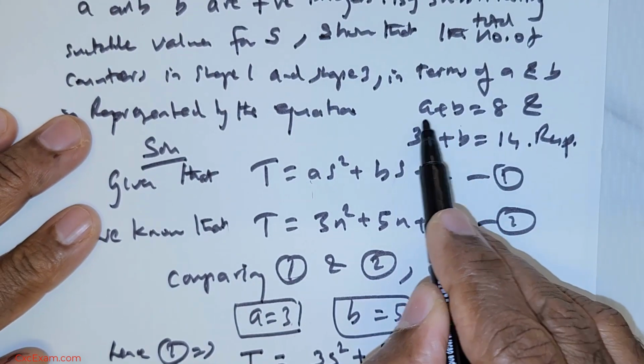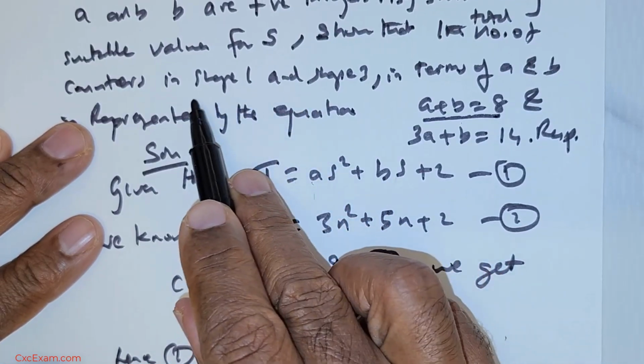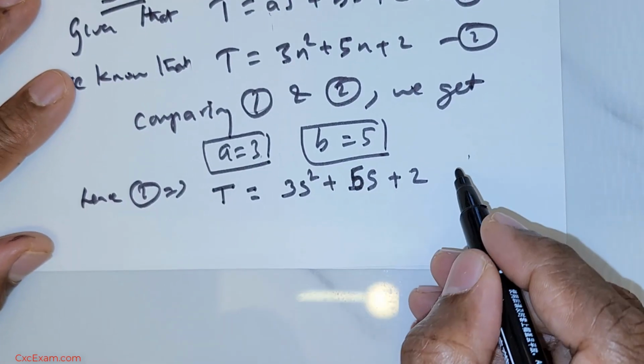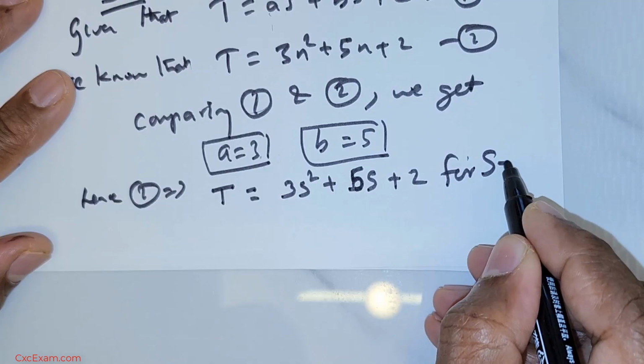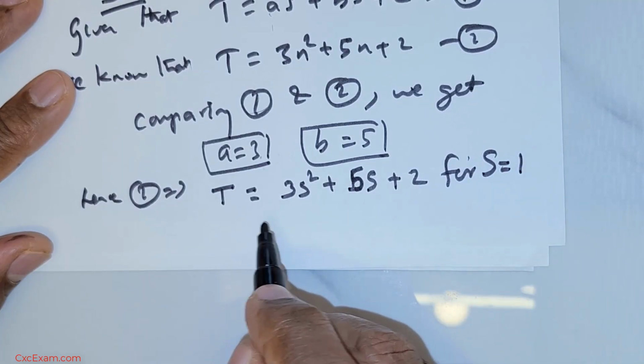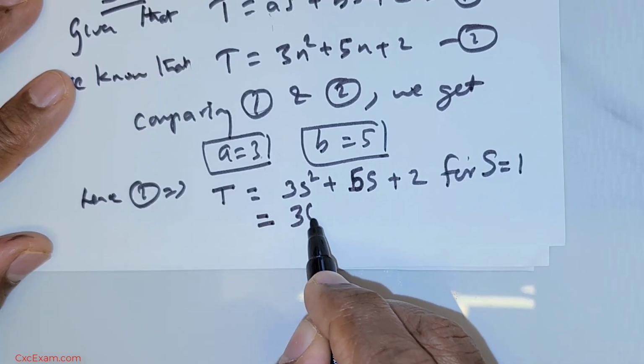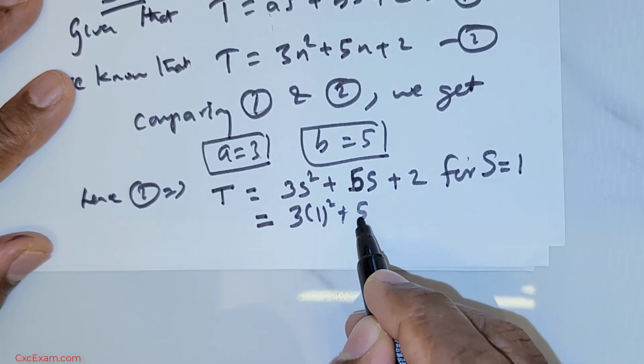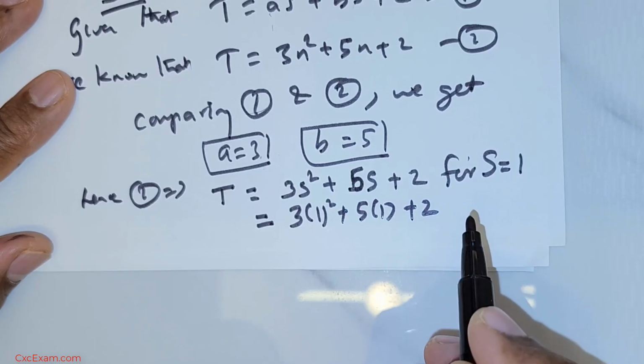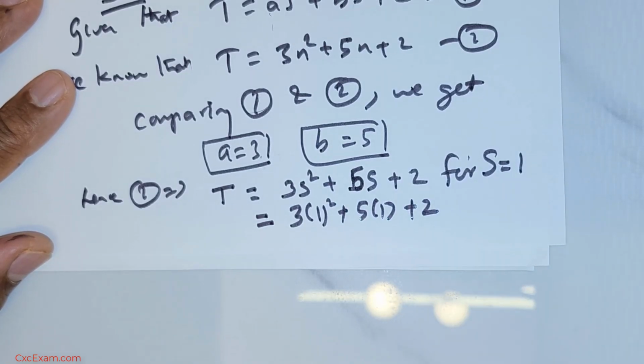Now they are asking us to show that this is true for the first figure, shape 1. So you write here, for s is equal to 1, t is equal to 3 times 1 squared positive 5 times 1 positive 2.